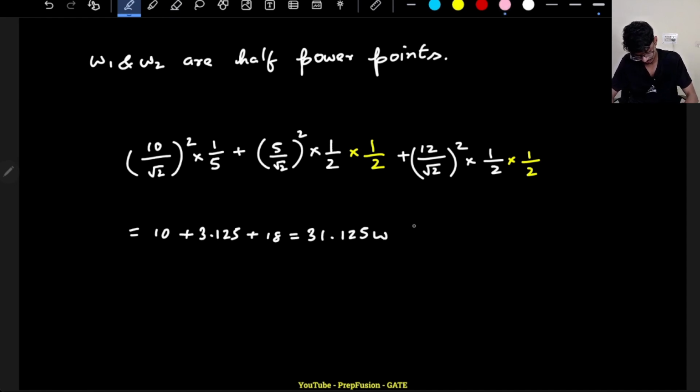This will be the answer basically. This will be the overall power consumed by the whole circuit.